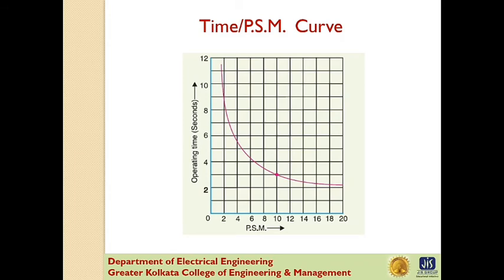If the PSM is 10, then the operating time is equal to 3 seconds. The actual time of operation is obtained by multiplying this time by the time setting multiplier.